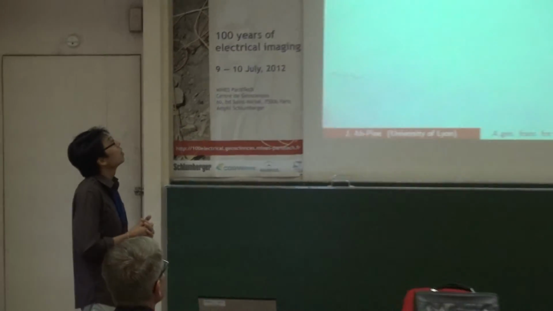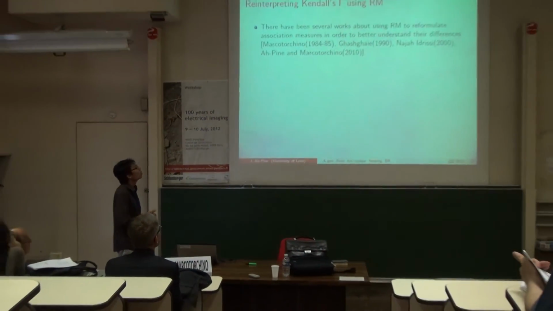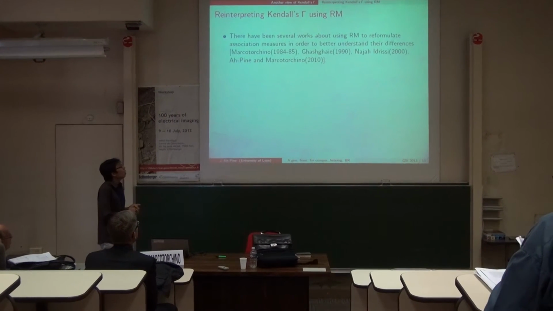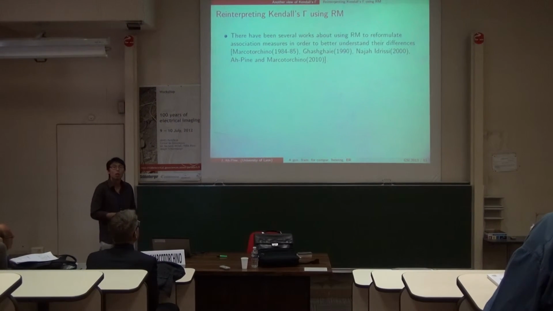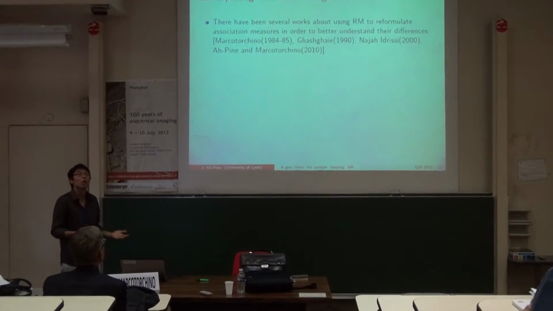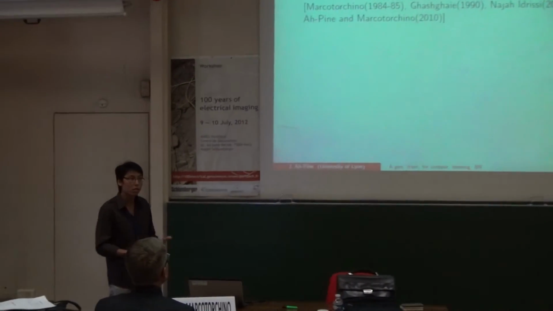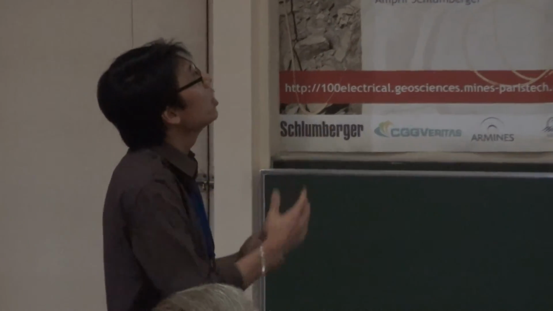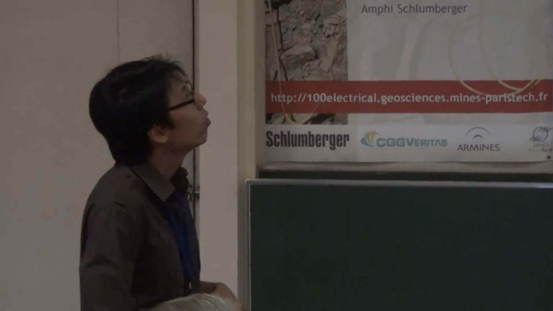There have been several works about using relational matrices to reformulate association measures. This series of works was meant to give a better understanding of the differences between the different coefficients. Here is a partial list of previous works on this topic.